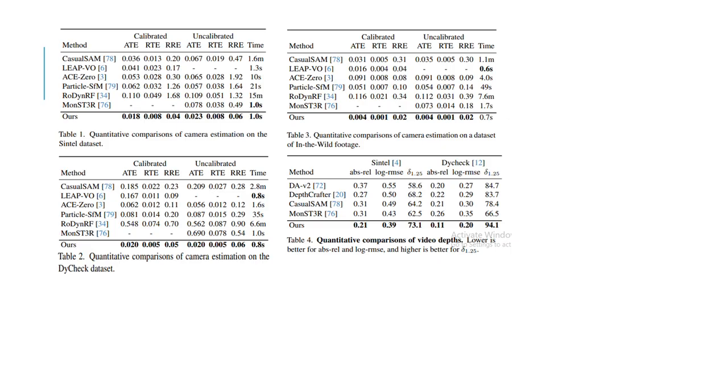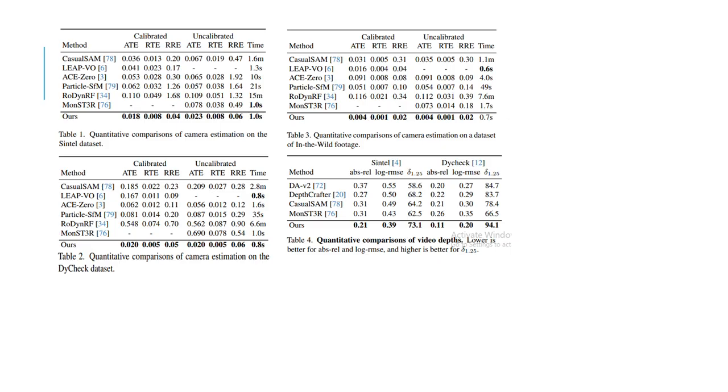Then the last table, table 4, describes the quantitative comparison of video depth. Lower is better for absolute relative error and log RMSE, and higher is better for delta 1.25.